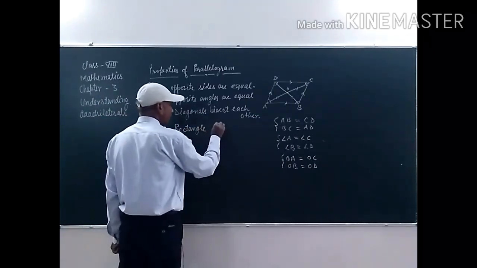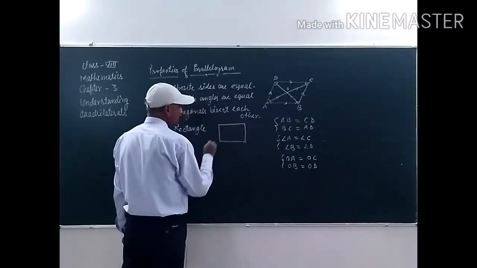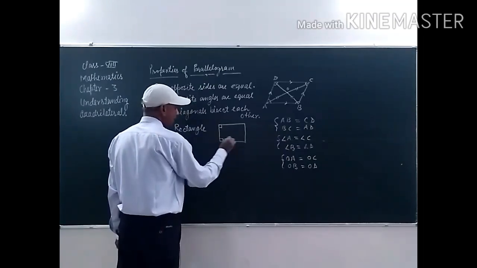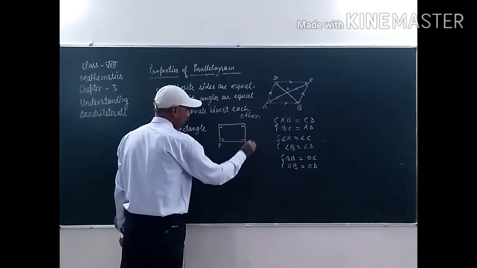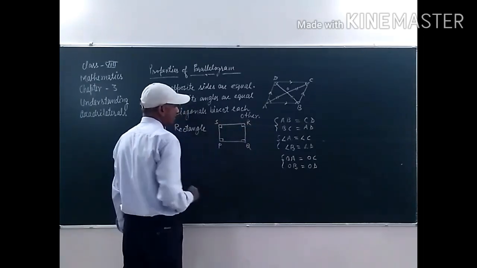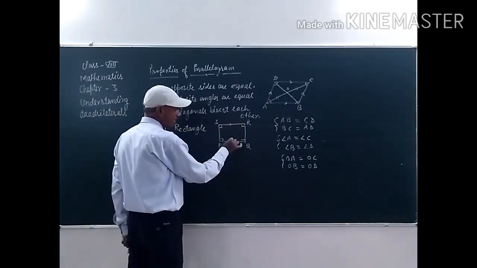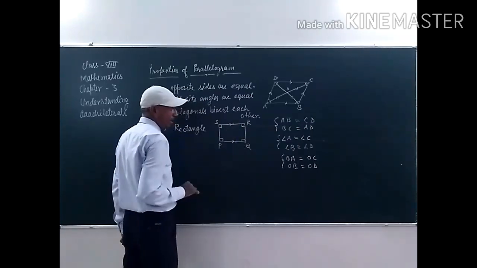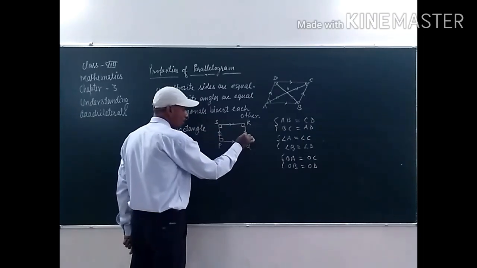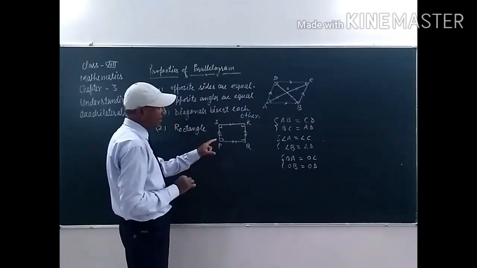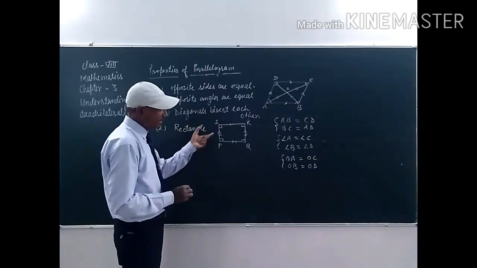Rectangle. This figure is a rectangle, and the name of this figure is PQRS. A rectangle is also a parallelogram, student. So opposite sides are parallel and equal. This one is parallel to this, and this one equal to this. Opposite sides are parallel and equal, opposite angles are equal, and diagonals bisect each other.